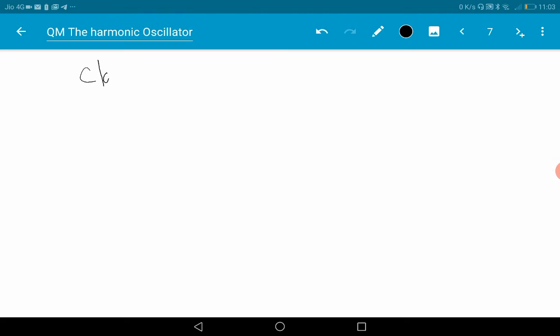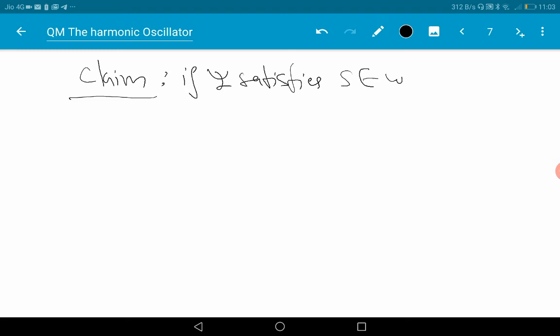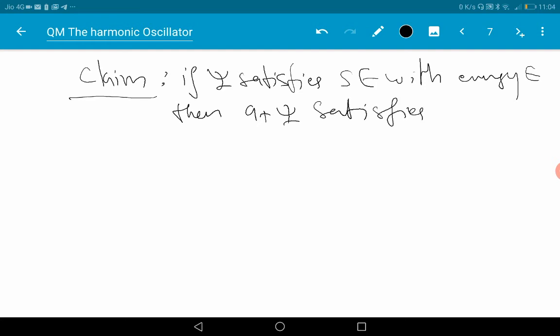What we claim right now is, if psi satisfies the Schrodinger equation with energy E, then a plus psi satisfies the Schrodinger equation with energy E plus h cross omega.